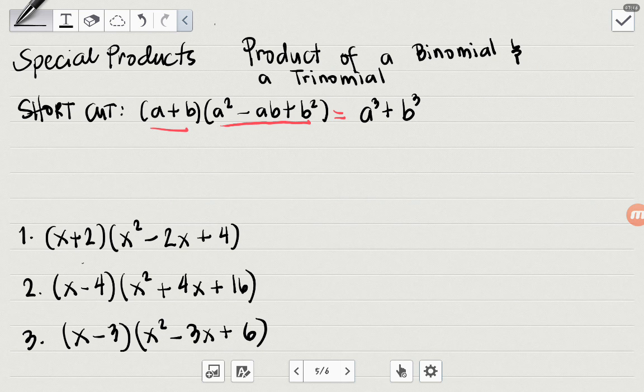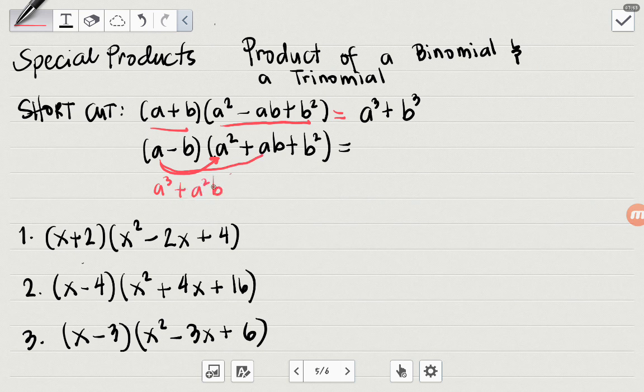Yun na. So, paano naman kaya mangyayari kapag a minus b times a square plus ab plus b square? Yes, kapag ginamitan natin ng distributive property, you just have to multiply a times a square, you have a cube, a times ab, so a square b, a times b square, plus ab square.